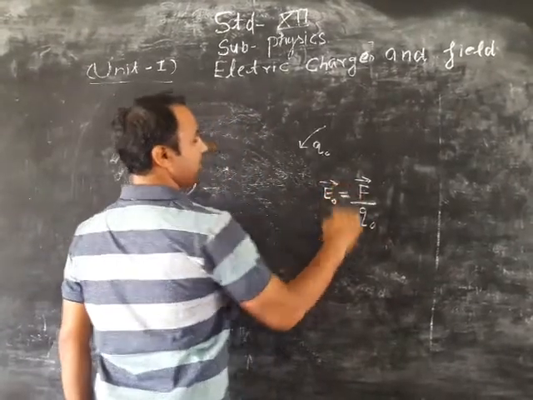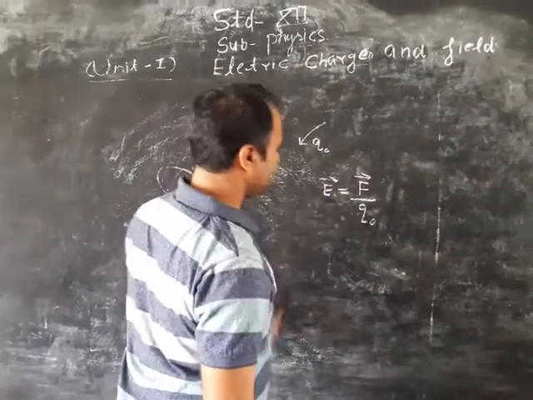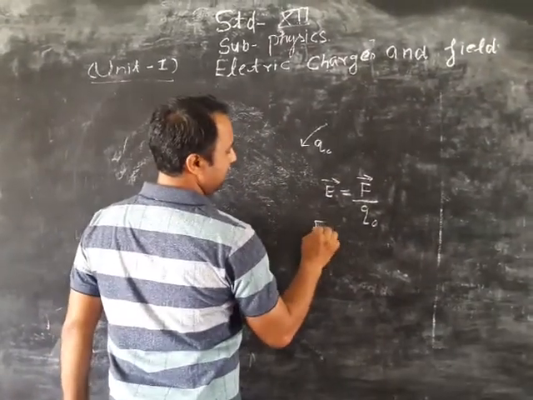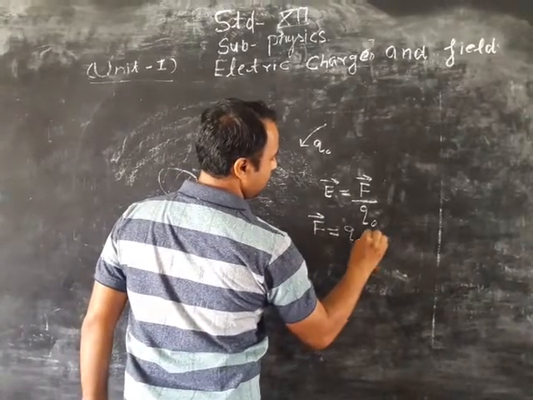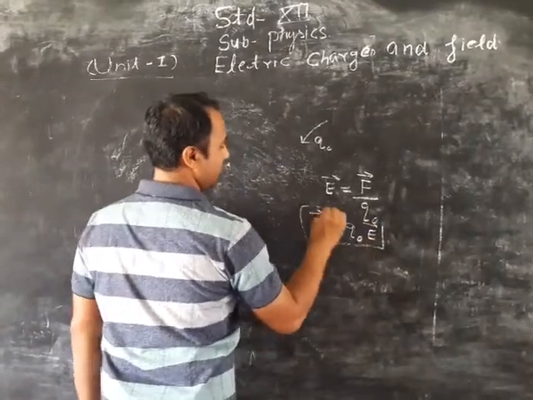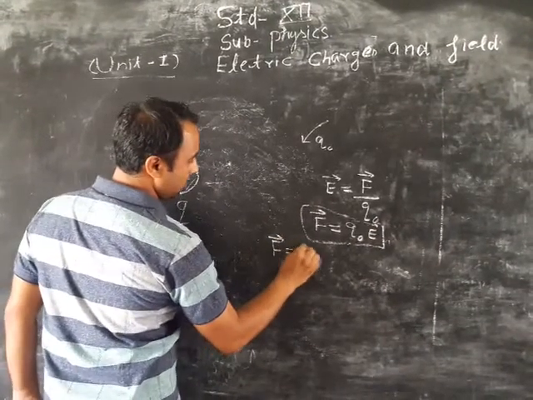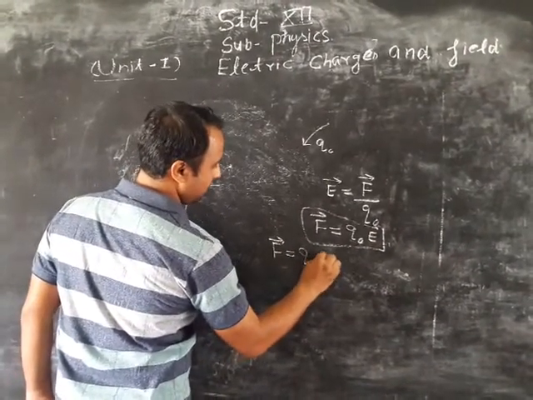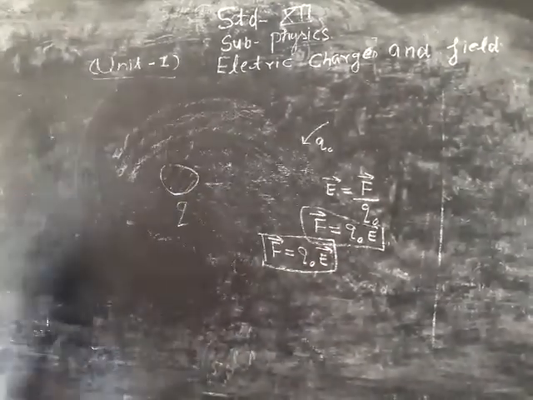This is the basic definition. And if we multiply, F is equal to Q naught into E vector. This is the formula. We have to remember that the force on this charged particle is Q into Q naught. We have to remember this formula.